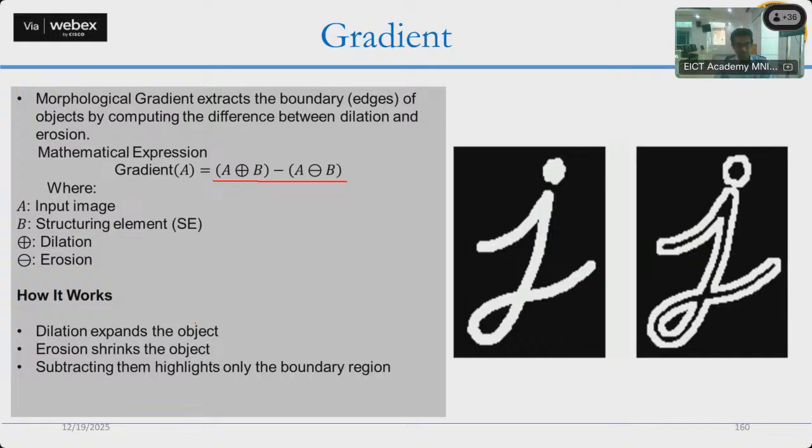This is the one. So dilation expands the object, and subtracting leaves only the boundary region. And as we've already seen, when we consider the different gradients like the Sobel gradient, Robert gradient, they all basically give edges and boundaries.